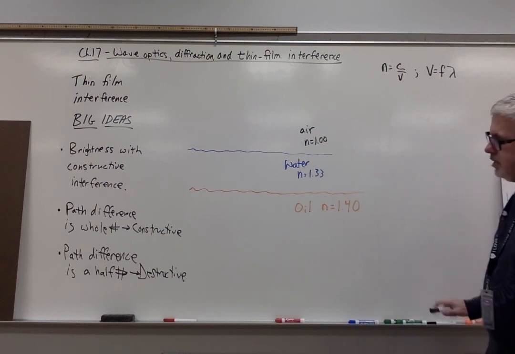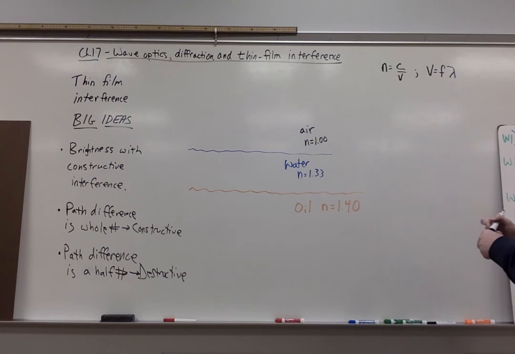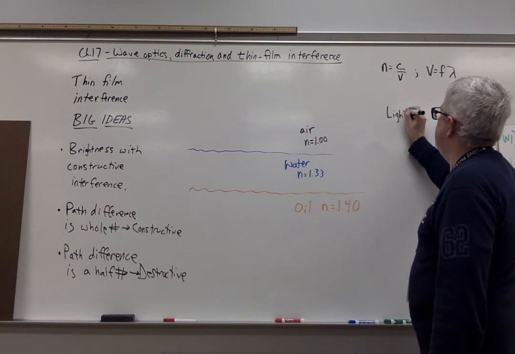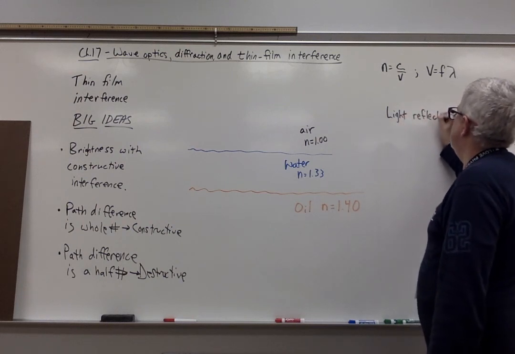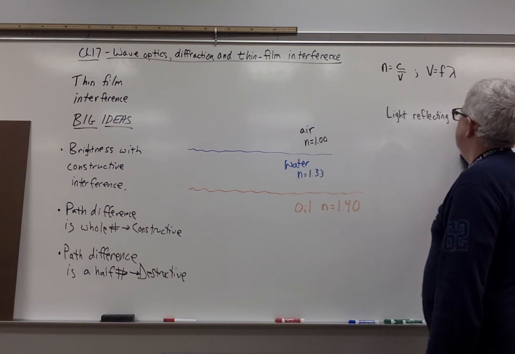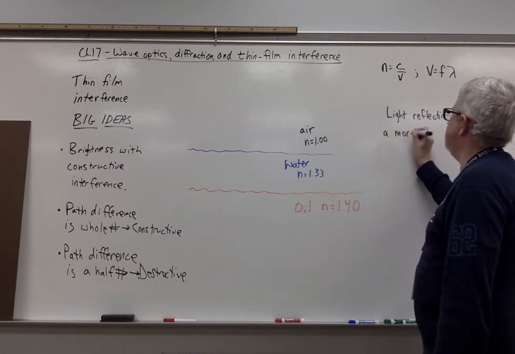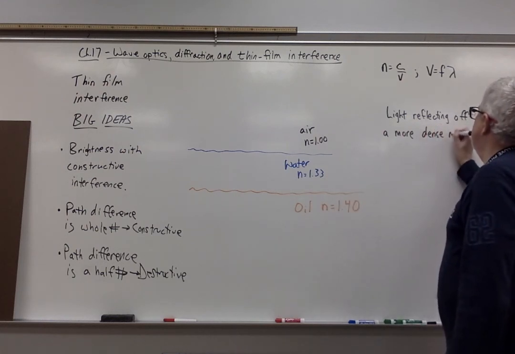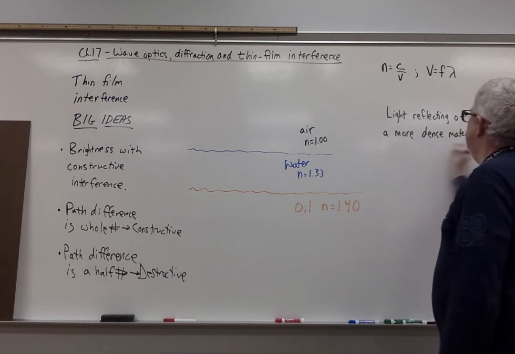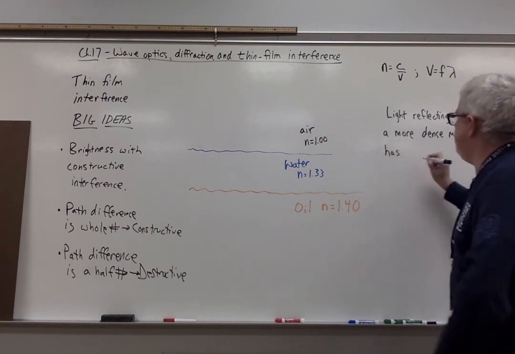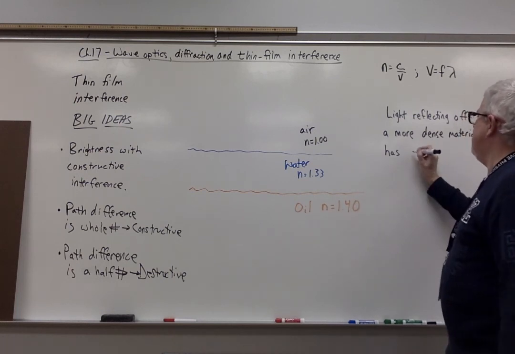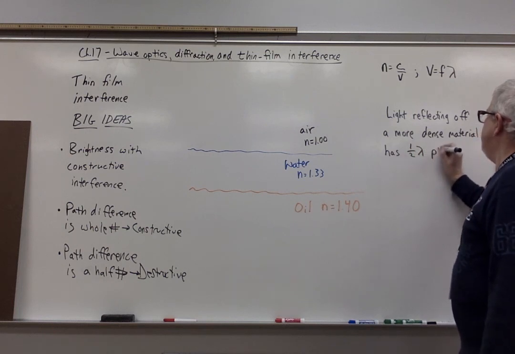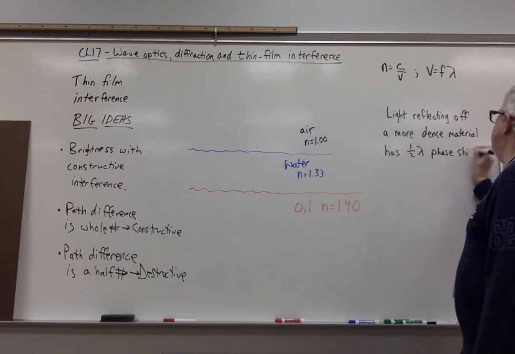So the other big ideas, so those are a few over there, is light reflecting off a more optically dense material, so it's a greater N number, has a phase shift of 180 degrees or half of a wave, a 1/2 wavelength phase shift.